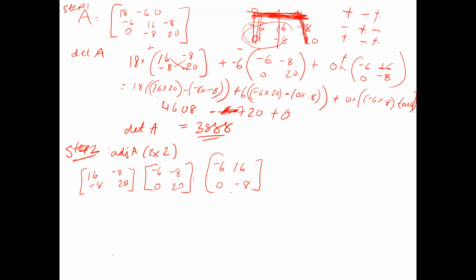Okay. From that, for this one, then for that one, we can do this way: this and this, this and this. So that will be minus 6, minus 6 and minus 8, 0 and 20.